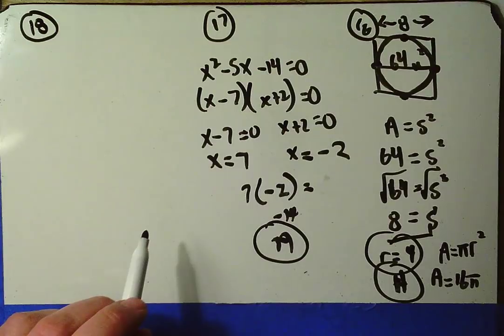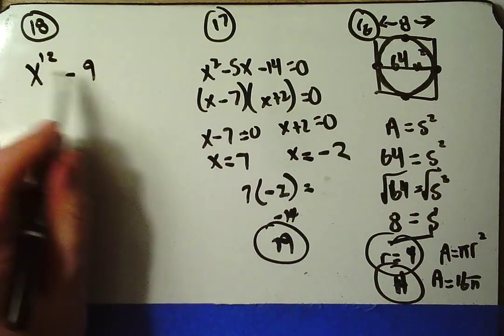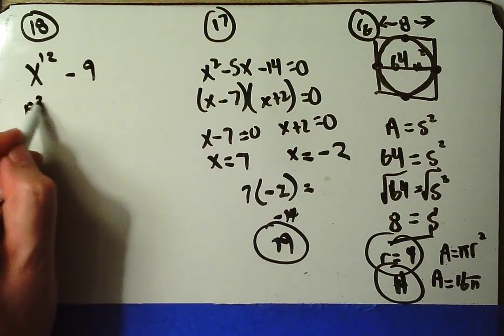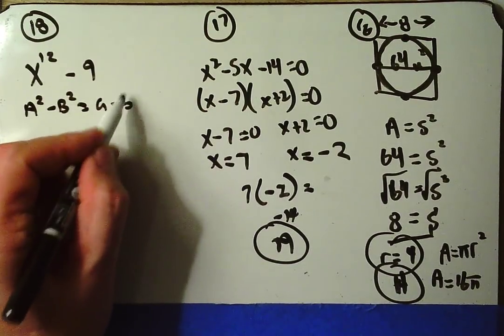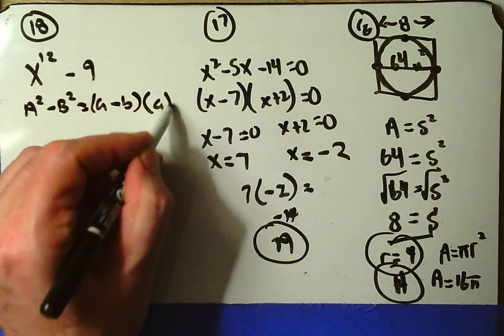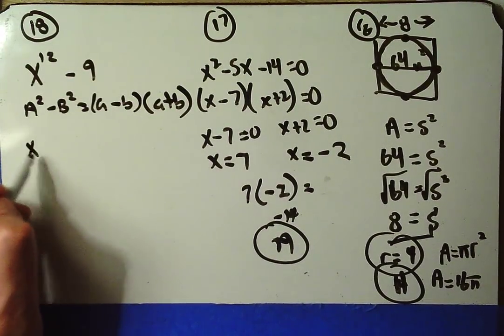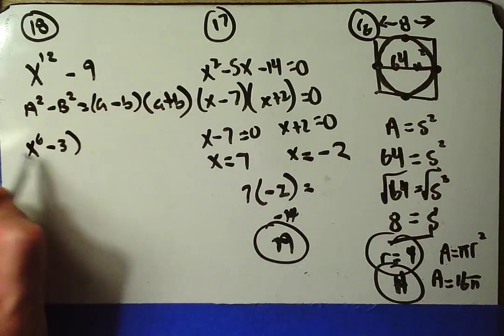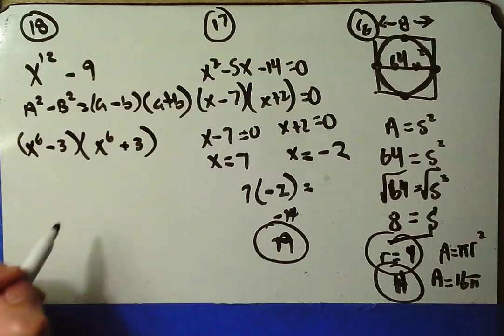Factoring the polynomial x to the 12th minus 9 reveals a number of factors. Well, the first thing I notice is this is a difference of squares. Remember, a squared minus b squared factors as (a minus b)(a plus b). And we can factor this difference of squares as (x to the 6th minus 3)(x to the 6th plus 3).